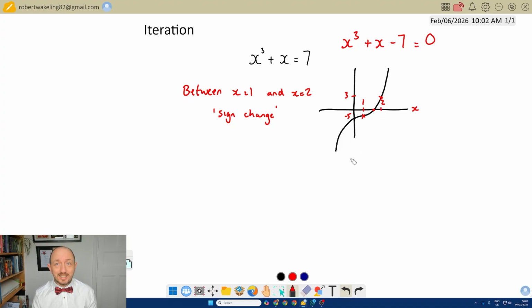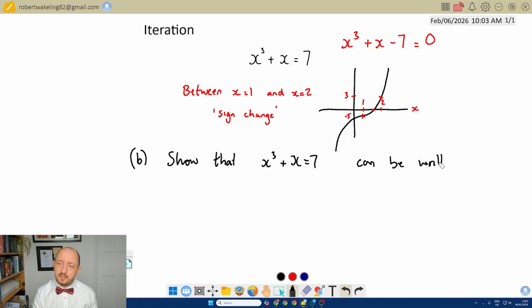Okay, already I know that that's probably quite a lot, but we just put some numbers into a formula and showed that it went from positive to negative or vice versa, and that's all we have to do. For part B, they will ask us to rearrange this equation into a certain form. So show that this equation, x cubed plus x equals 7, can be written, sorry about my writing here on the pad, in the form, and then it will give you the form that they want.